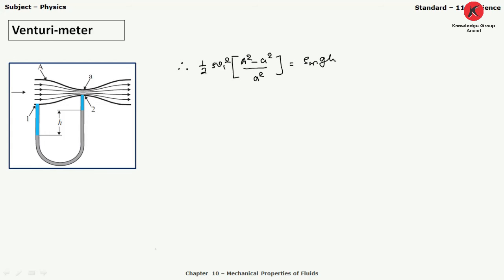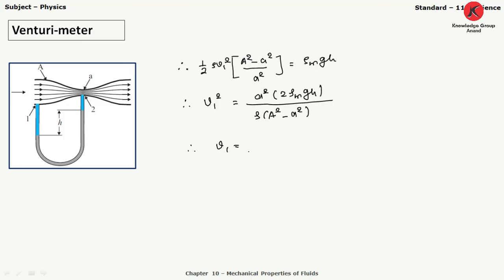I have just simplified the equation, and in the form of v1 square the equation will be a square into 2 rho m g h divided by rho into A square minus small a square.